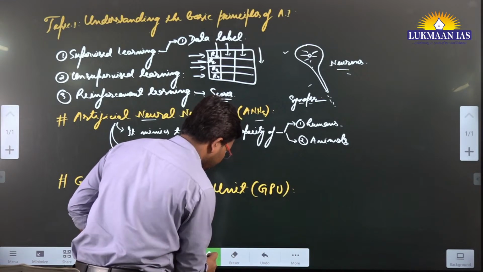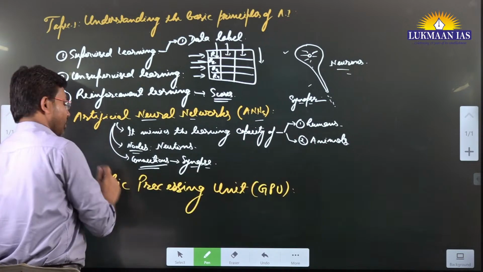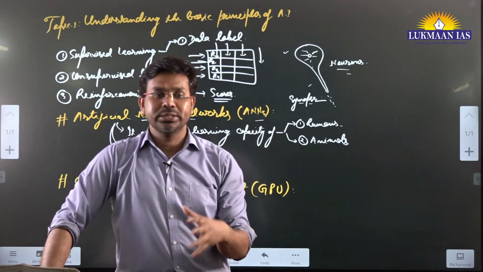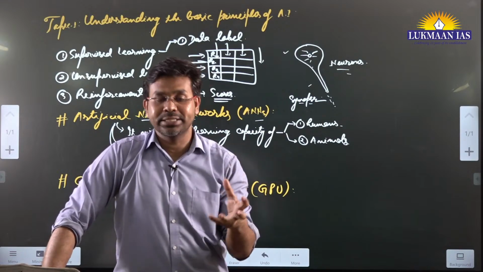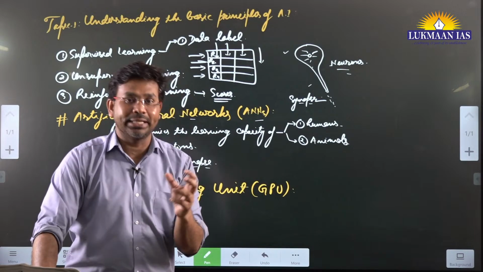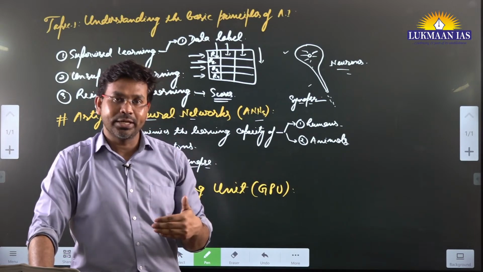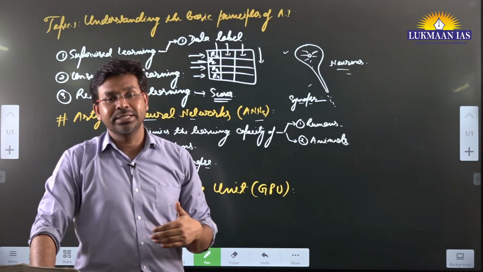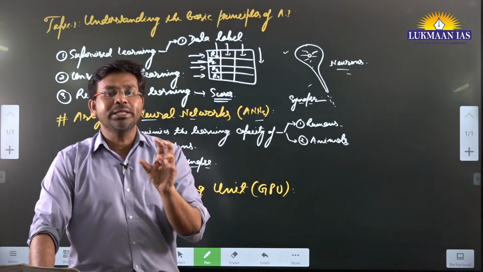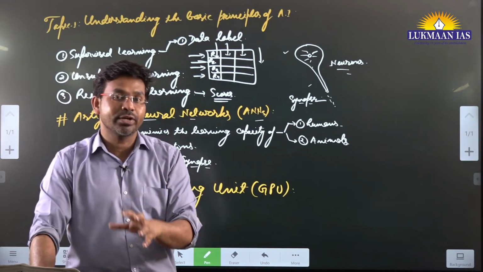So what do we mean by GPU? Similar to normal computers, we have the central processing unit. Inside the central processing unit, we have cores, and inside the cores, we have the arithmetic logic unit, registers, and other components that perform the functioning inside the CPU of a computer.